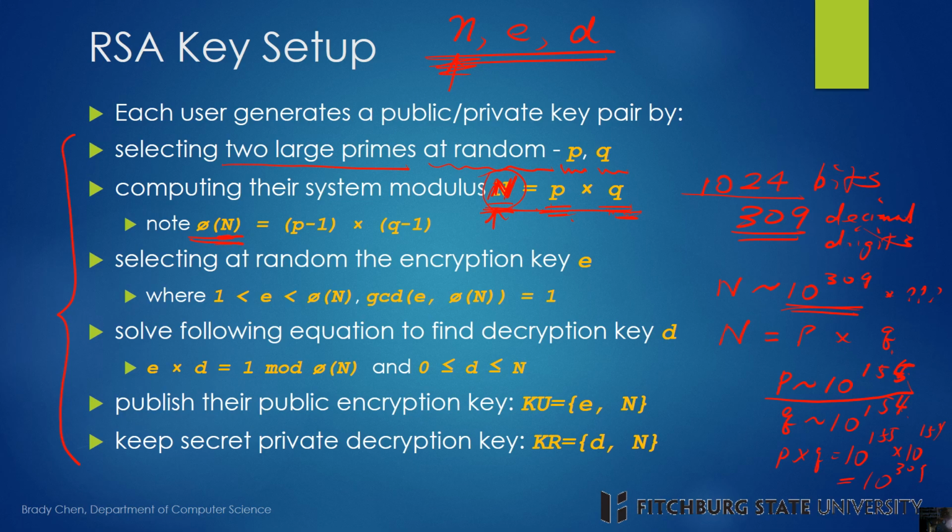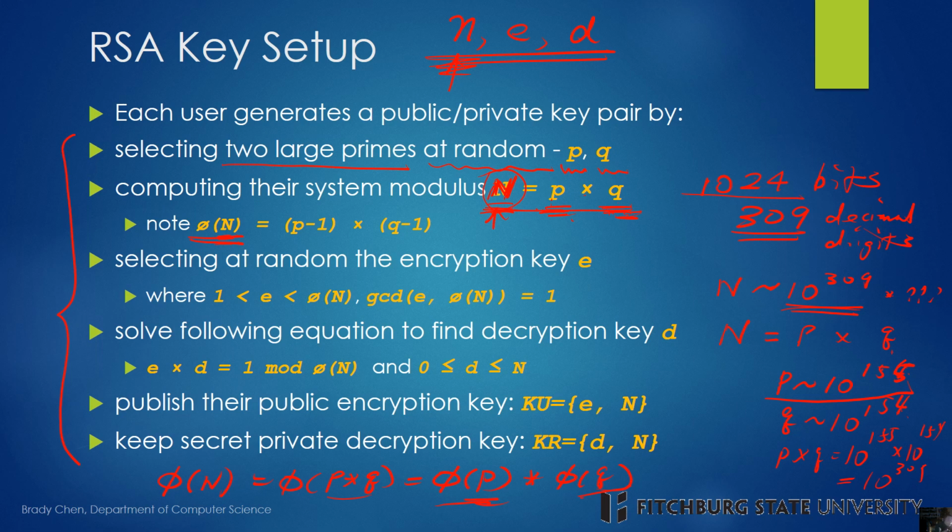However, if we know n is the multiplication of two prime numbers, things are very, very simple. Why? Because we know that phi of n, if n is the multiplication of p and q, and both p and q are prime numbers, or relatively prime, then we can write this as phi of p times phi of q. Now, what is phi of p?